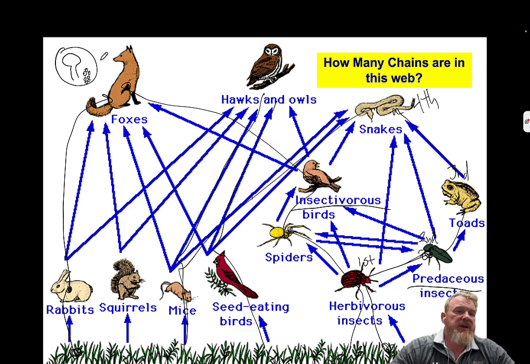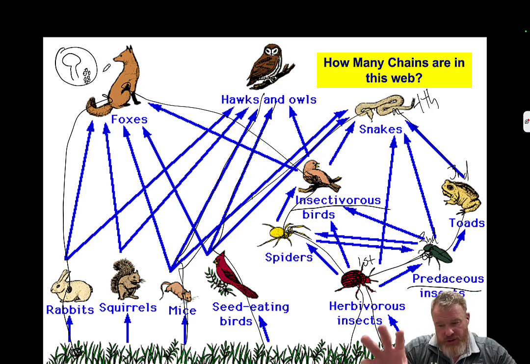Now the difference between this, we're going to finish on this one today. The difference between a decomposer and a scavenger is a decomposer is going to break things down at a chemical level. All right. A scavenger, which they eat dead things too, could be some confusion there. But they're going to physically break it down.